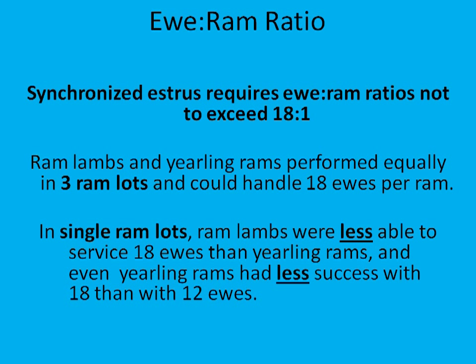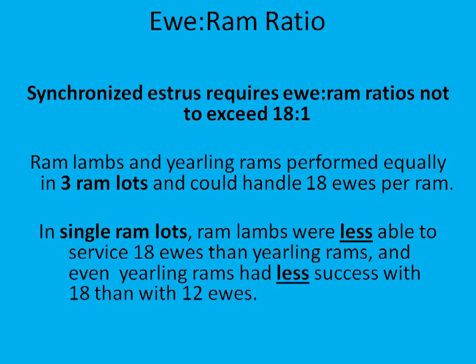And then we had yearling rams and ram lambs. So with that combination, we found that in the 3 ram lots, the yearling rams and the ram lambs performed equally well. They could handle 18 ewes per ram. In the single ram lots, the ram lambs did not settle as many of those ewes as the yearlings when there were 18.